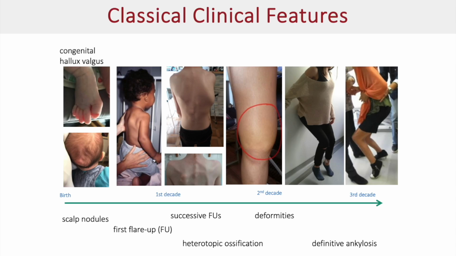What I have seen instead are these unusual lumps that form mostly on the torso and the long bones. These start sometimes during the first decade of life, when children will have what we call their first flare.